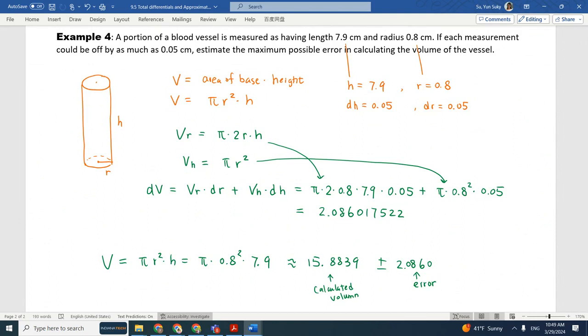What are the units? If the length is in centimeters, what are the units of the volume? Cubic centimeters. So this is what it means. You get an answer, but what is the error? How accurate is it? So this is the answer.